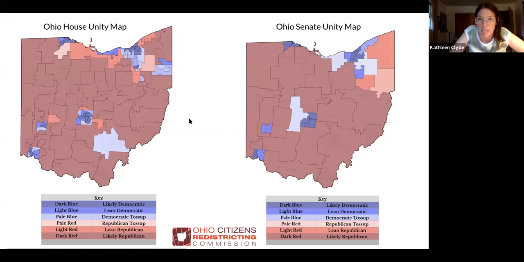Let's take the slide down for a moment. This is a question that I've actually received via Twitter too, about can we do an overlay to compare these maps to what we are living under today?